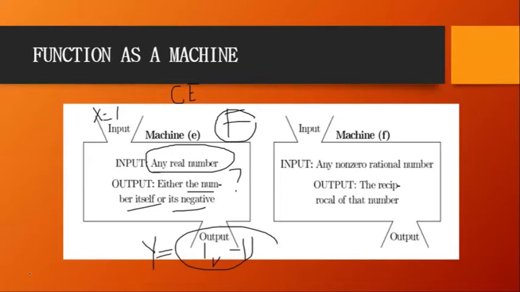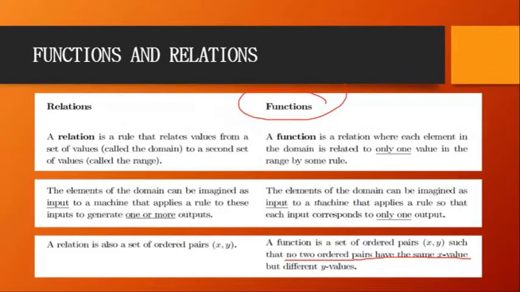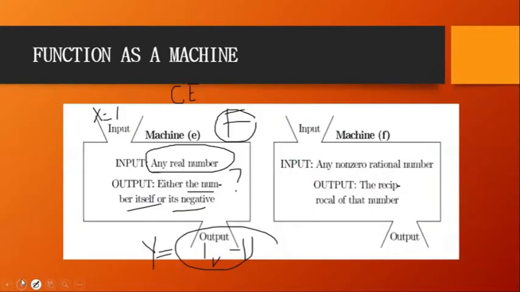At kung babalikan natin ang definition kanina, ito, the elements of the domain can be imagined as input to a machine that applies a rule so that each input corresponds to only one output. Okay, so against na siya dito sa ating definition. Ibig sabihin, machine E is not a function.